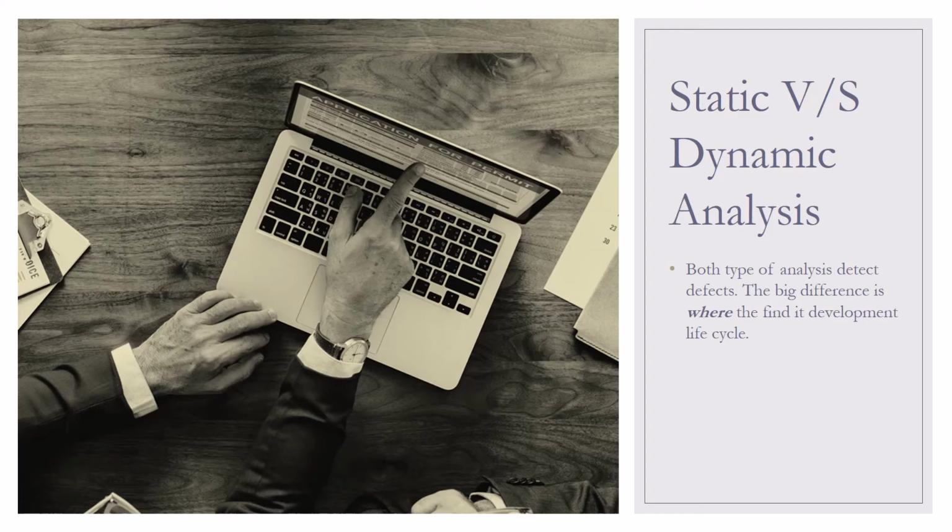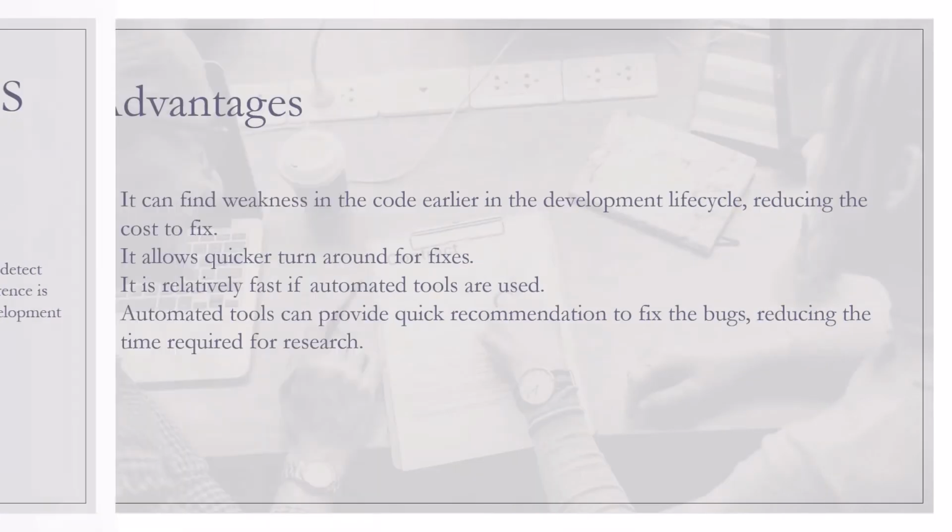Dynamic analysis identifies your defects after you run your program, maybe in unit testing. However, some coding errors might not be visible during unit testing. So, there are defects that dynamic testing might miss and static code analysis can find.